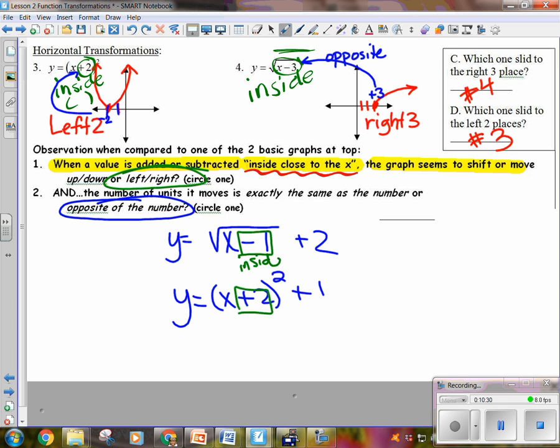This is what I call inside close to x, or inside the parentheses close to x. The numbers that are beyond the bar or past the parentheses, we're going to call outside. So these are considered outside. So when Miss Jessup is talking about numbers on the inside and the numbers on the outside, that's what I need you to think about. I need you to understand what I'm saying and why I'm saying it that way. So this is inside and outside.